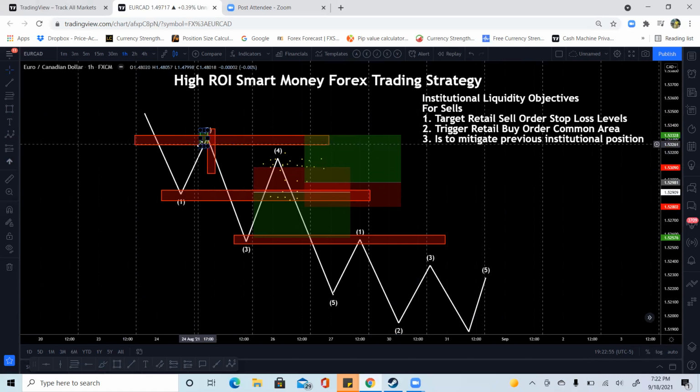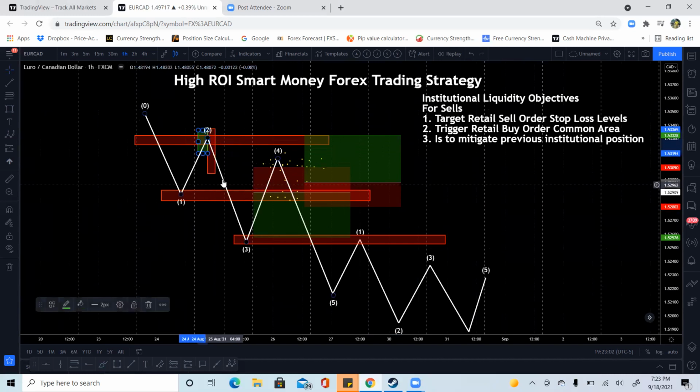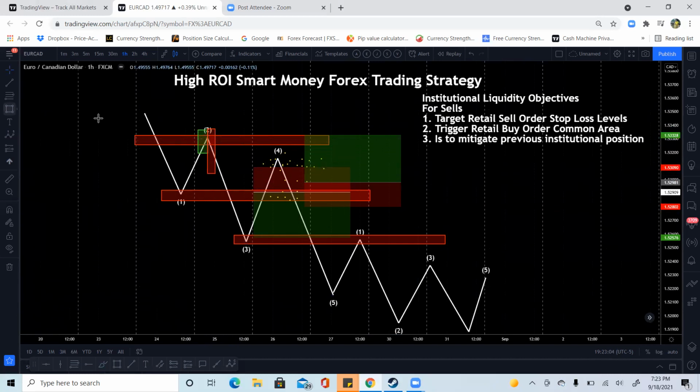So what happens a lot of the time when it comes to these orders is that the institution placed a buy order in order to trigger enough liquidity in the market to place their real order of a sell.